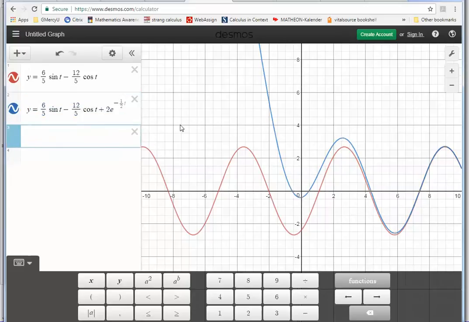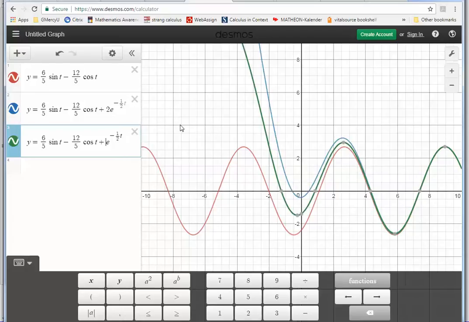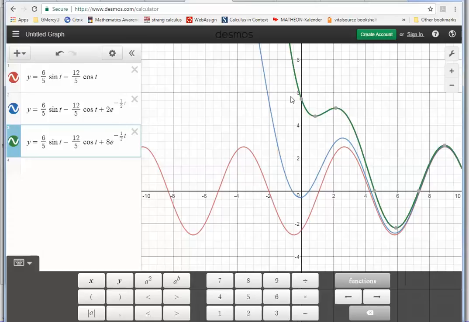And just to do one or two more, different initial conditions will give us different c's. There's a c of 8 corresponding to an initial condition evidently of 5.6, and you see it comes from way up here, dips down, but then eventually follows the leader, follows that red one.